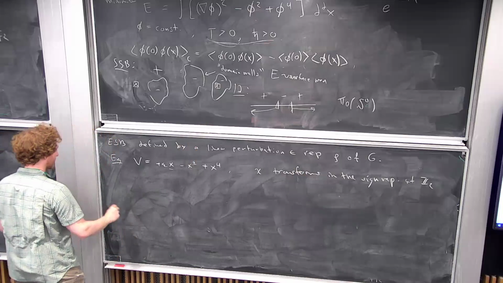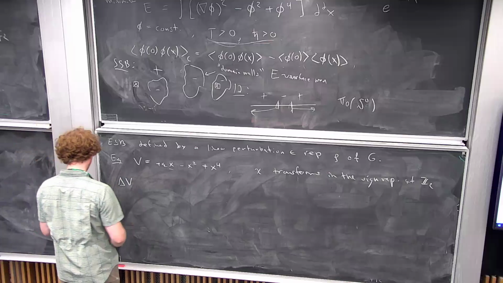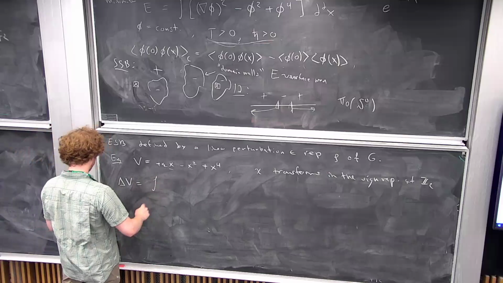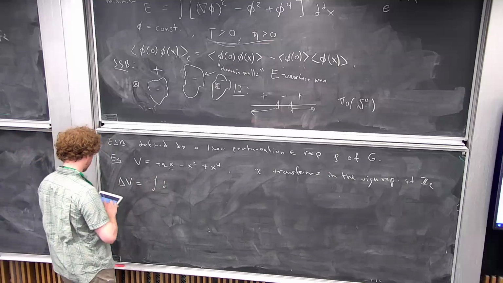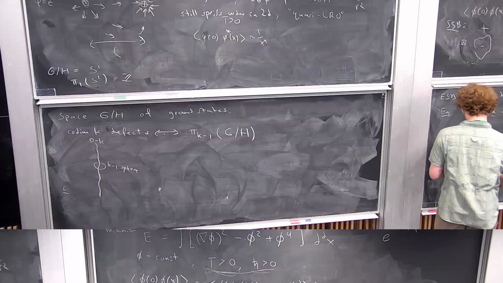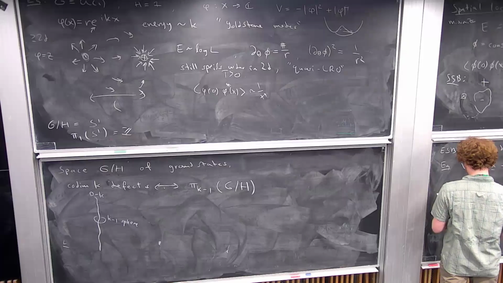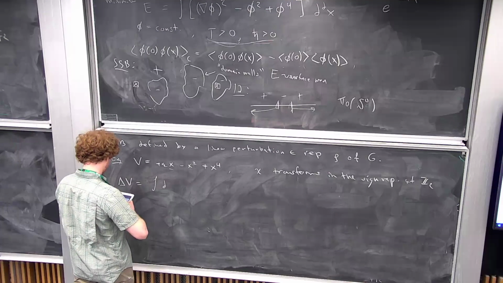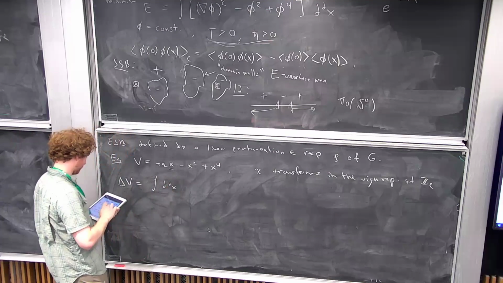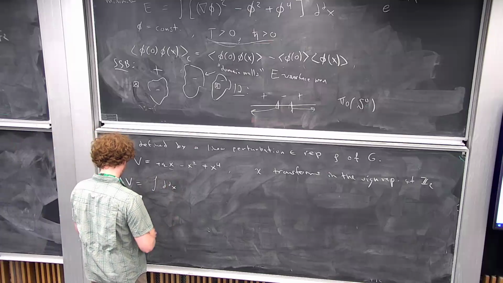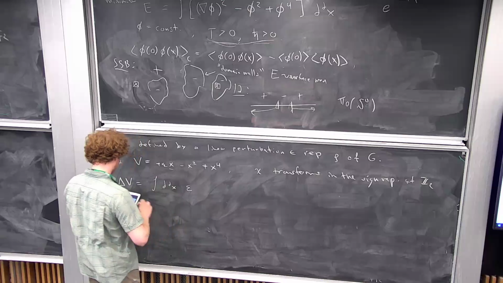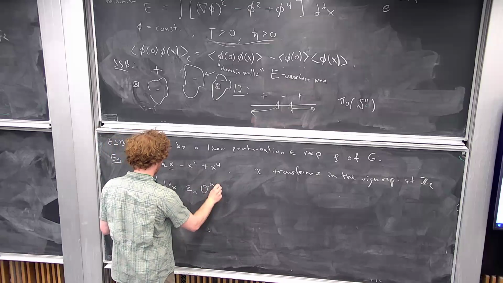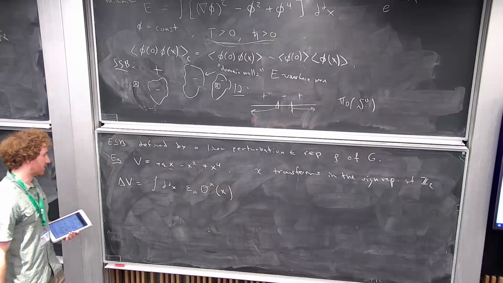So in general, to think about the change in the potential or the change in the energy, however you want to think about it, as epsilon A times O_A of x.